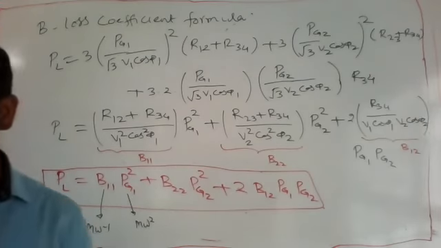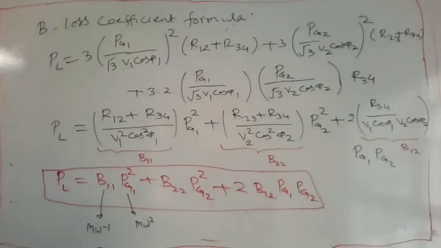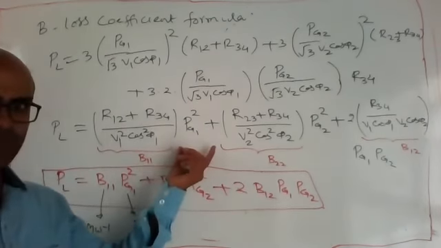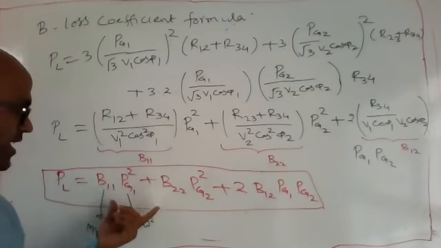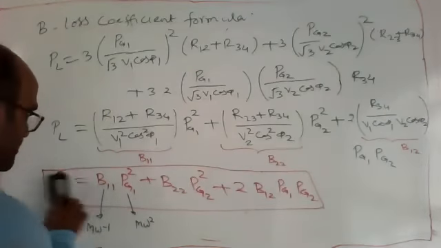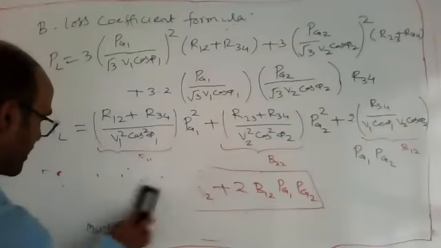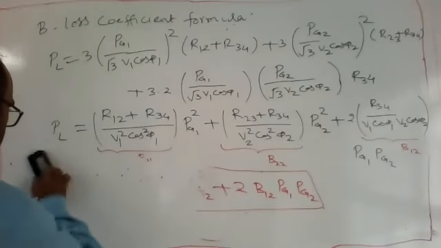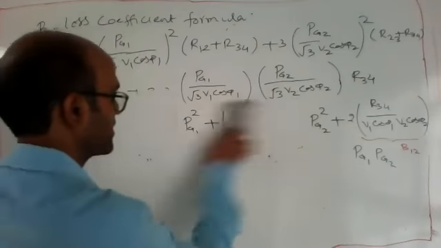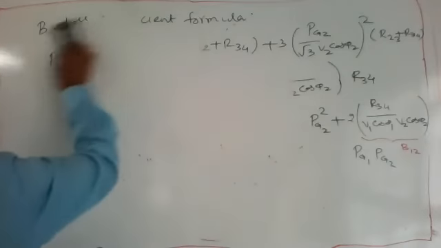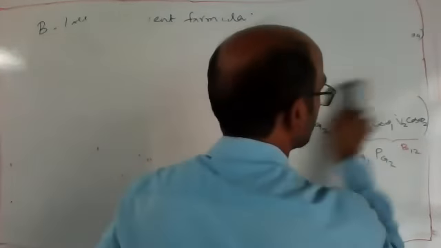So we have studied three concepts: economic load dispatch without losses, with losses, and then the loss formula. Let us summarize this unit.